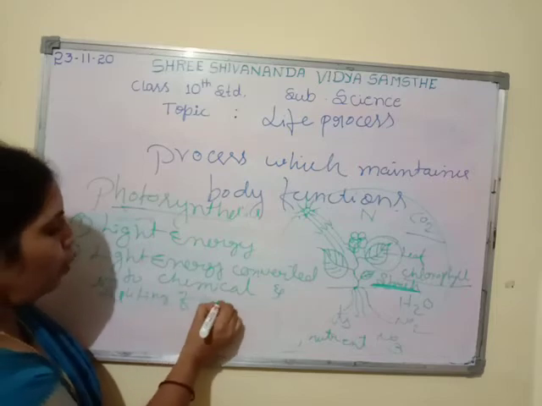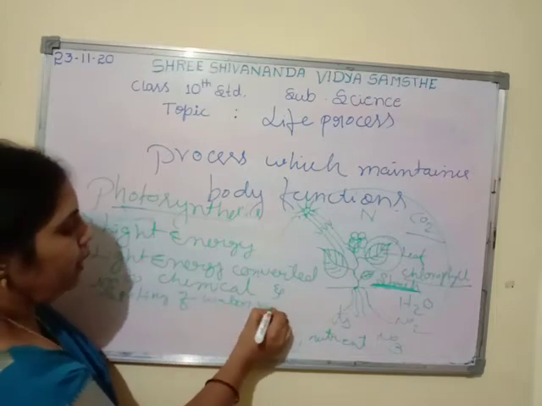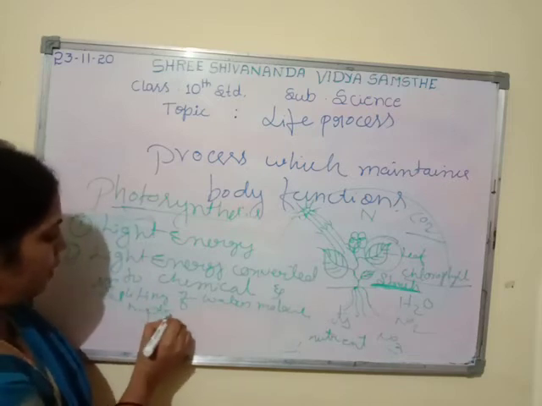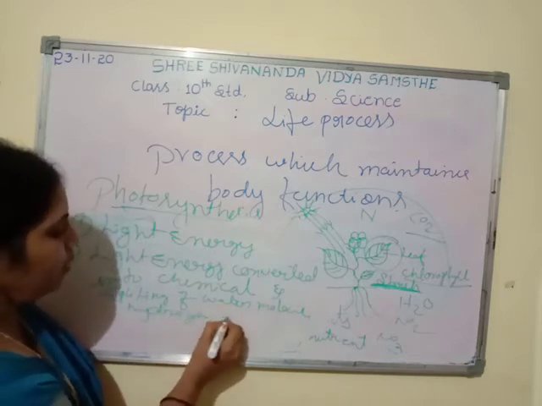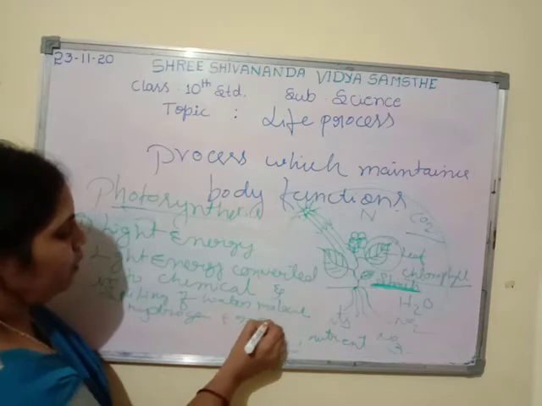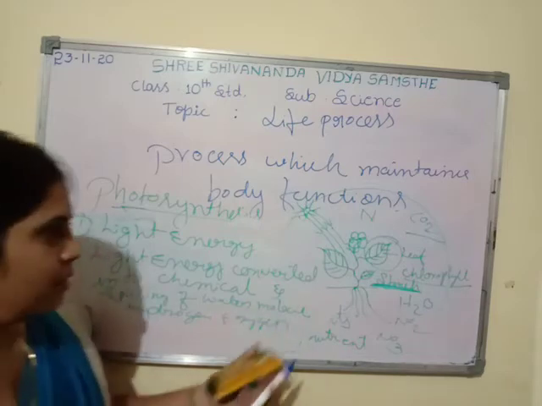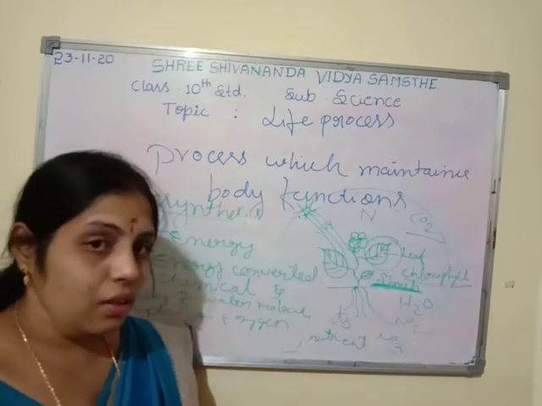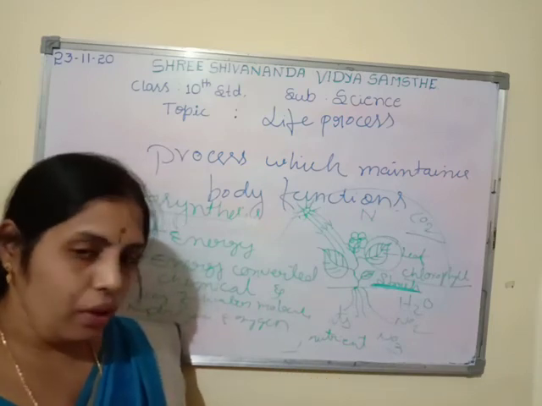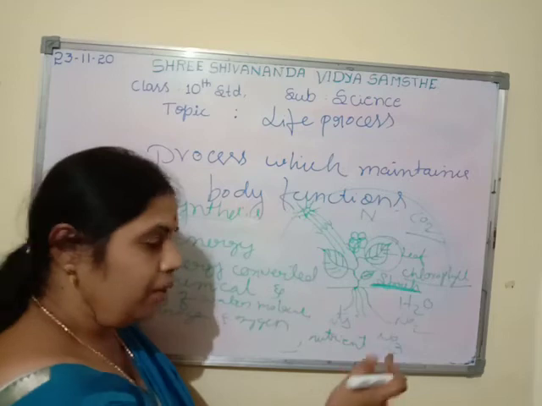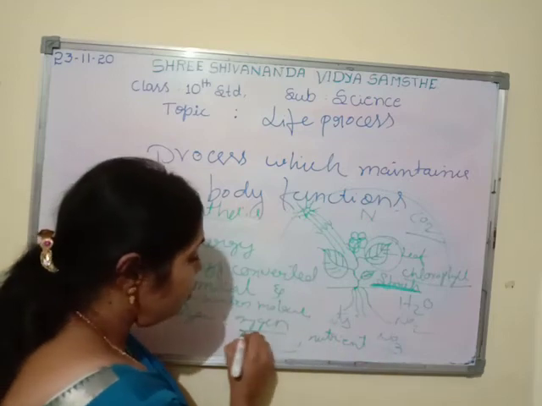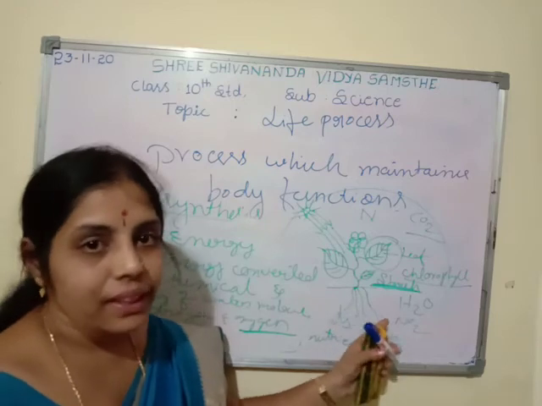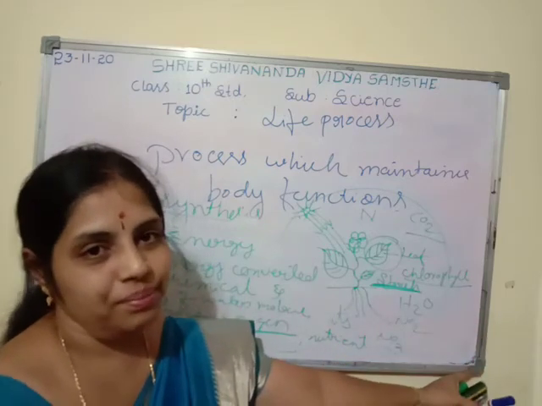Splitting of the water molecule into hydrogen and oxygen. Yes, you know that. So what is the end product of photosynthesis? That is oxygen. While preparing their own food, they release oxygen.